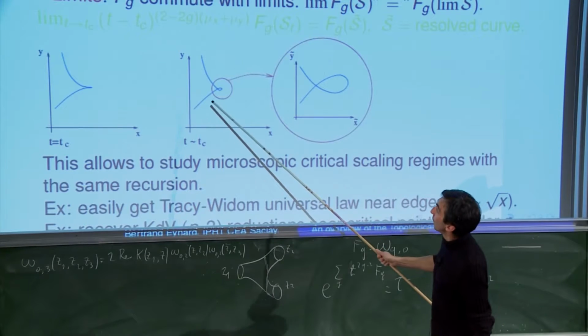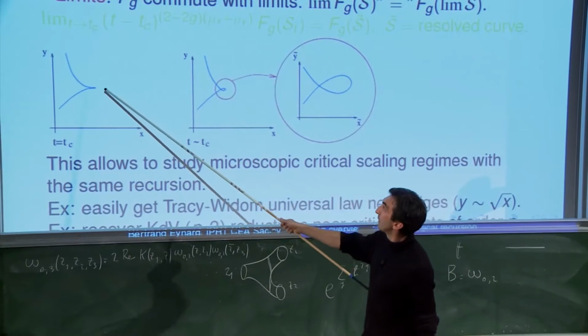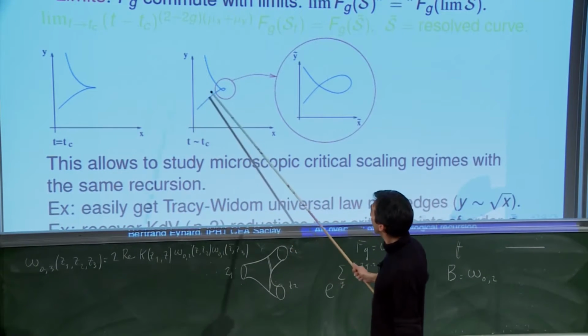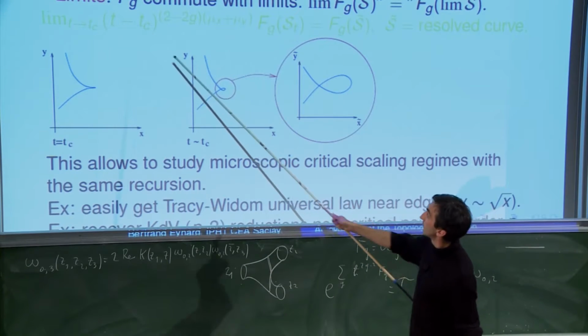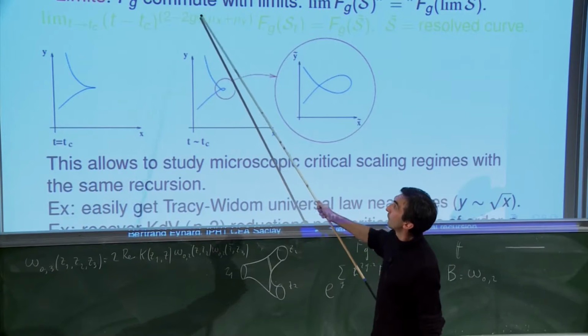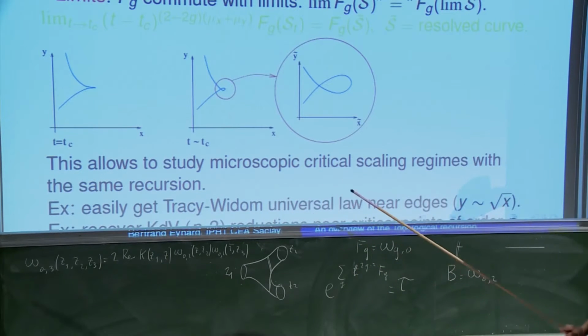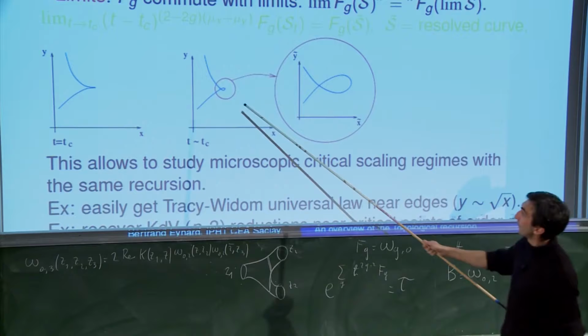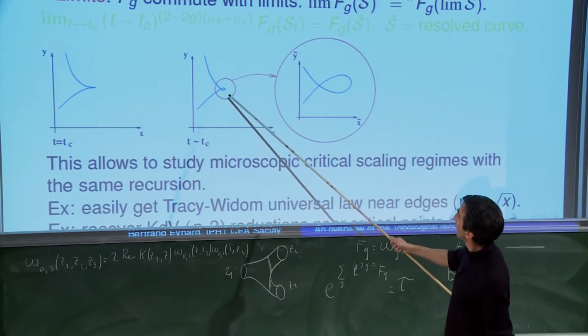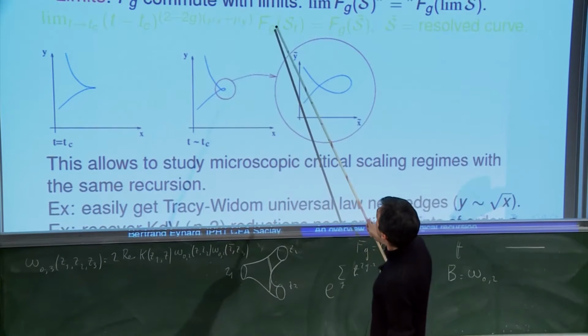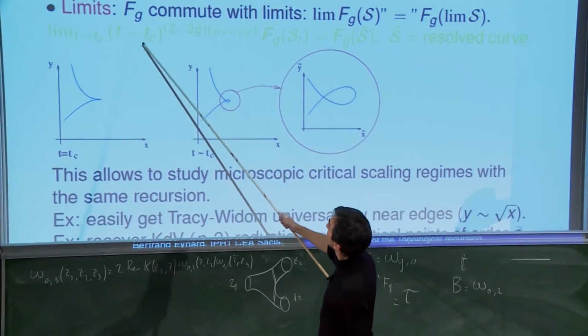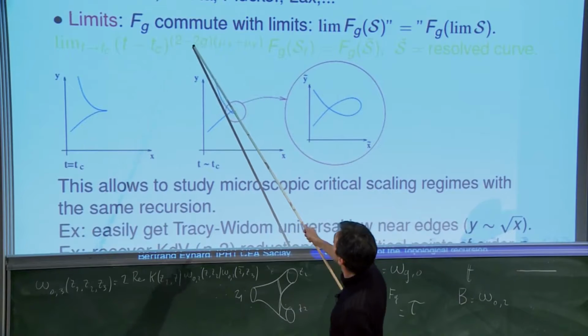And so here you cannot really compute Fg. But here you can compute Fg as a function of this time, and you observe that it diverges as t minus tc to some power, which is always proportional to 2 minus 2g.